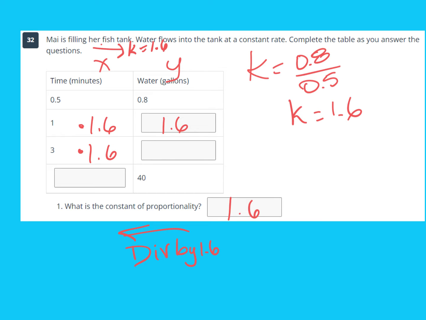Again, these are more than appropriate times to be using your calculator. This is 4.8. Well, now I've got 40. I'm going in the opposite direction, so I'm dividing. And this answer is 25. That's a beautiful thing.